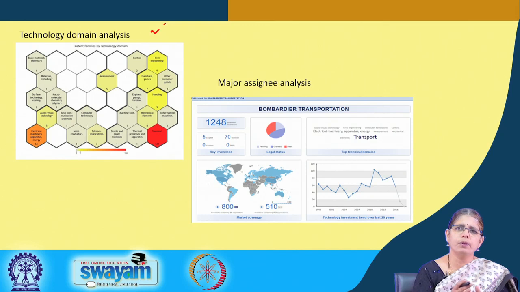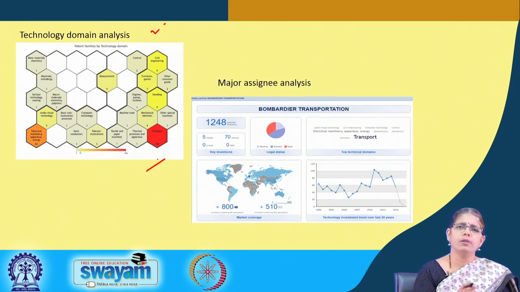Now, if you ask the visualization tool to organize your patent data set as per technology domain focus, you may get visualization information which is shown in this particular illustration. The color coding will represent the number of patents present in that particular data set.